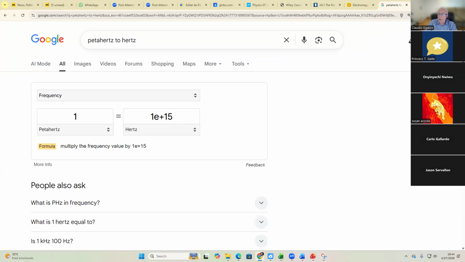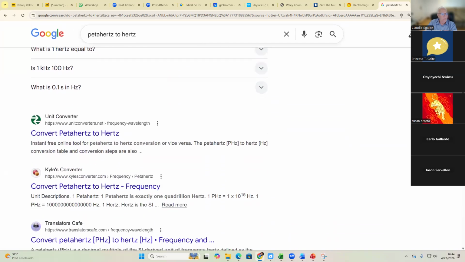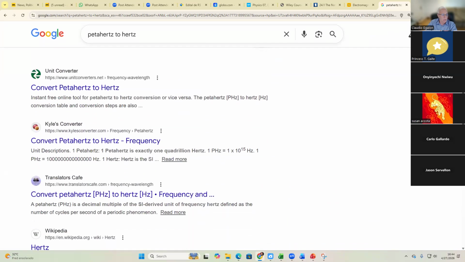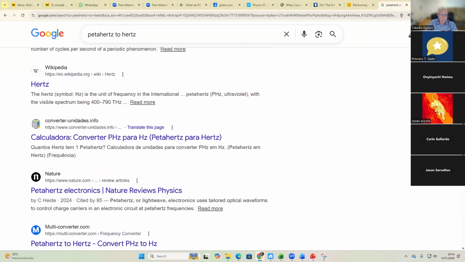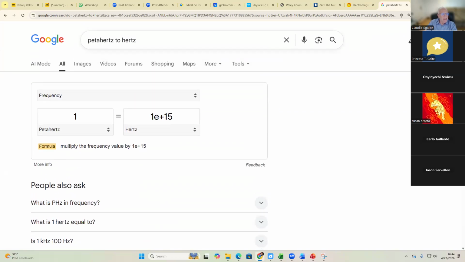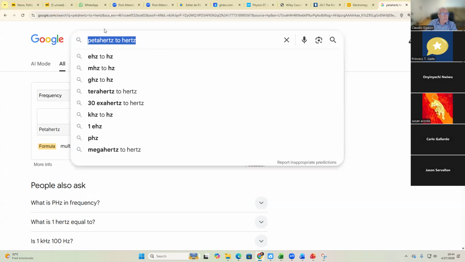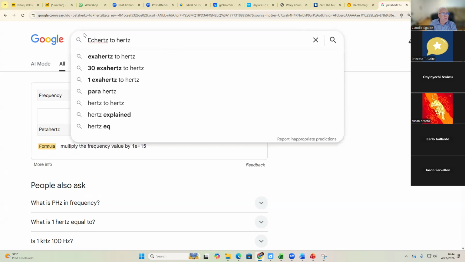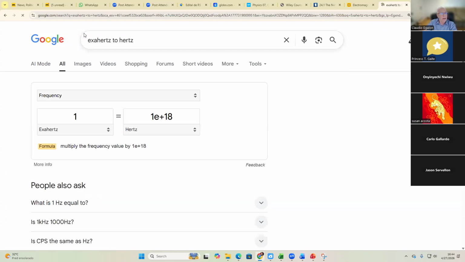And the other one should be exahertz, 10 to the 18 hertz.